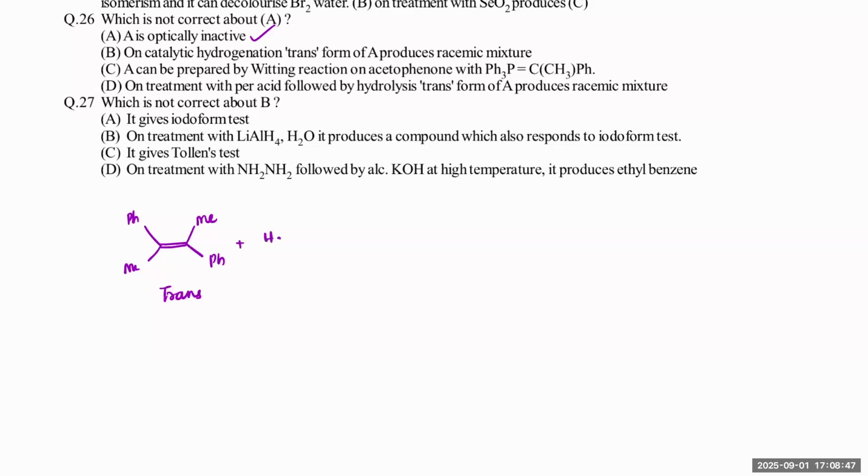H2 addition in the presence of metal surface, that is catalytic, will be syn, right? So syn means like this: Ph with methyl and methyl with hydrogen and hydrogen. Of course, here this could be plus or minus. So that means this is a racemic mixture. Hence, this option is also correct.